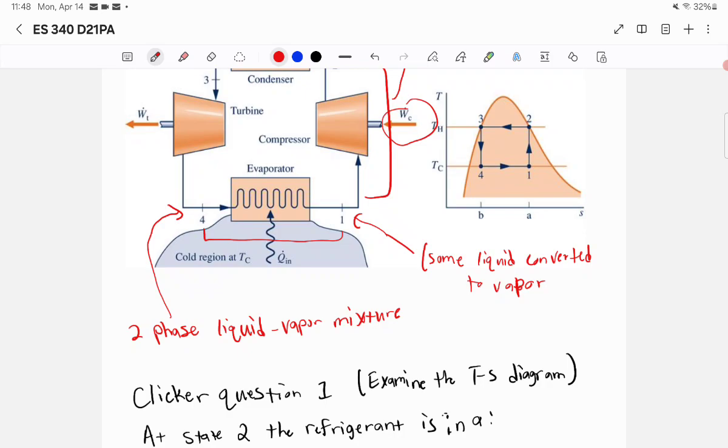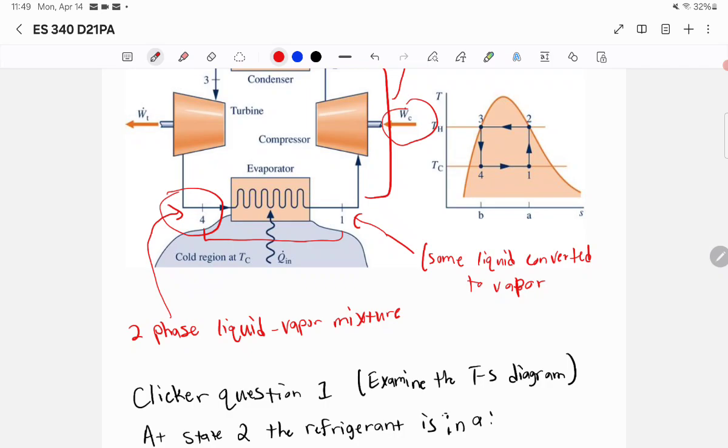Now we can ask questions about the working fluid. If we look here, when it goes into the evaporator, it's a two-phase liquid vapor mixture.